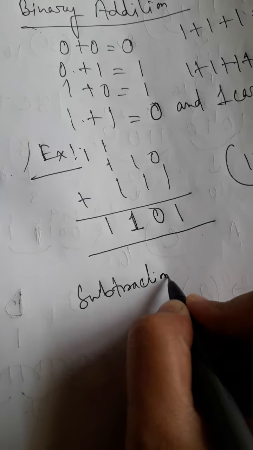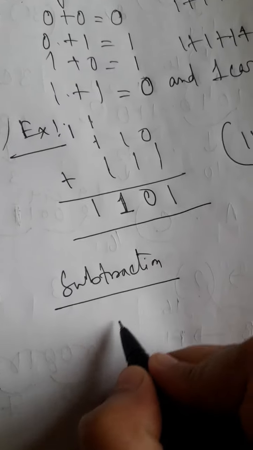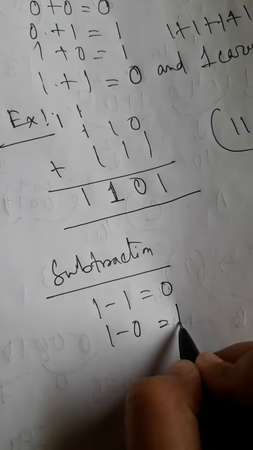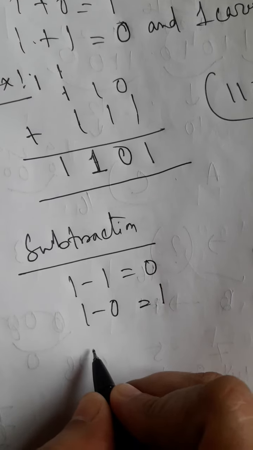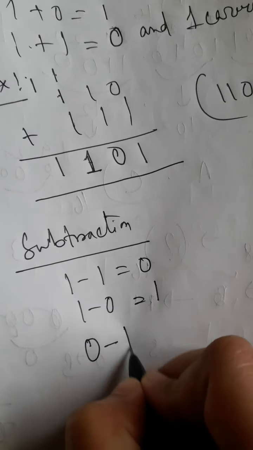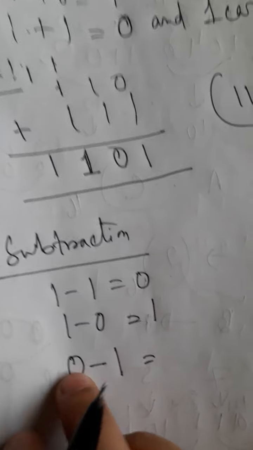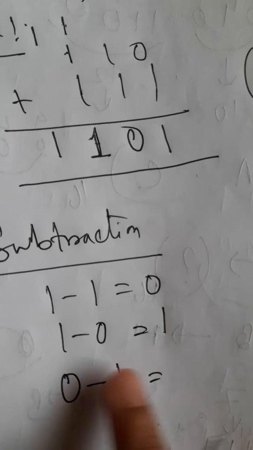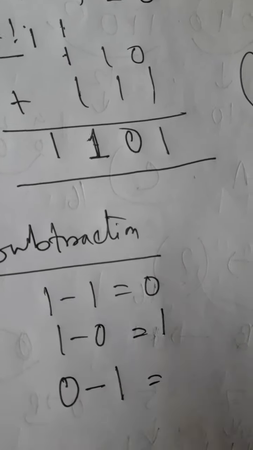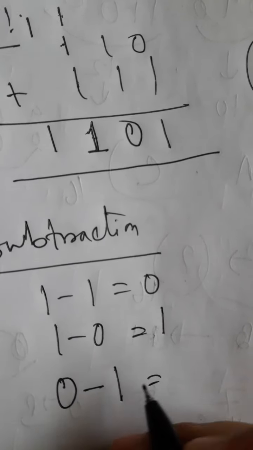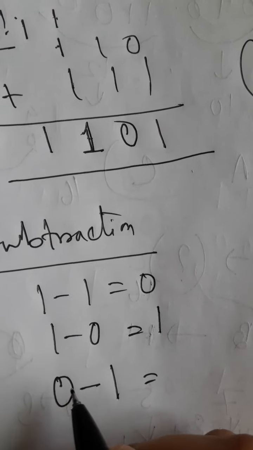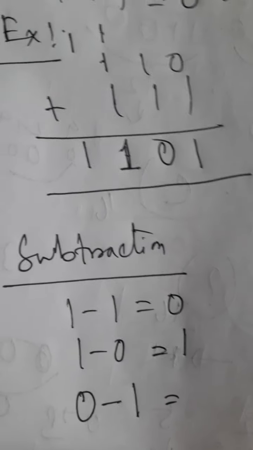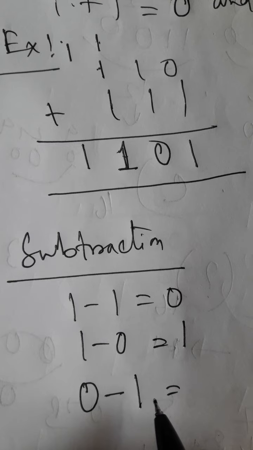Subtraction is: 1 minus 1 is 0. 1 minus 0 is 1. But if we subtract 0 minus 1, where the number which is going to be subtracted from another number is higher than the number from which it is going to be subtracted, so it is smaller than this.